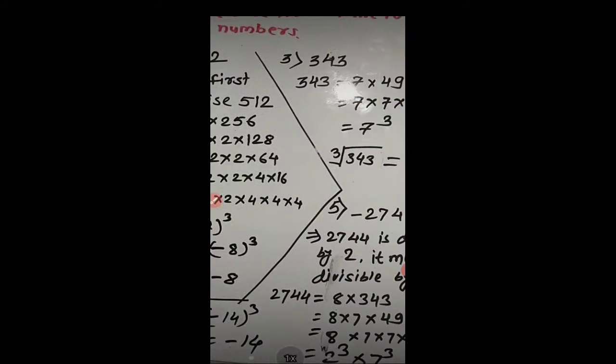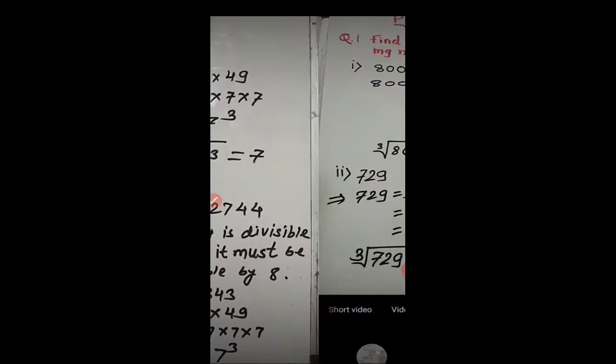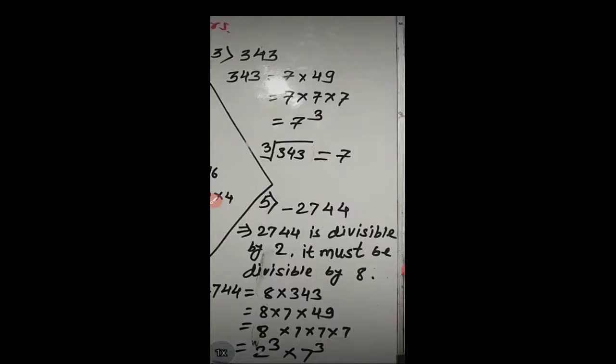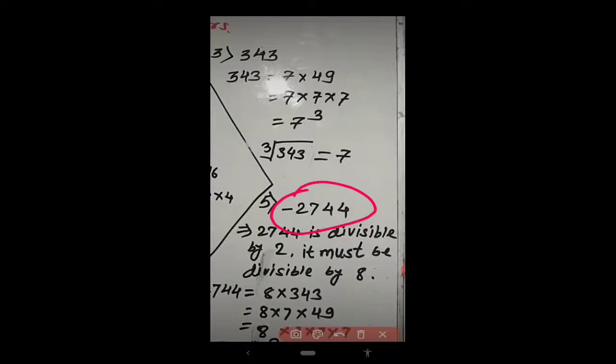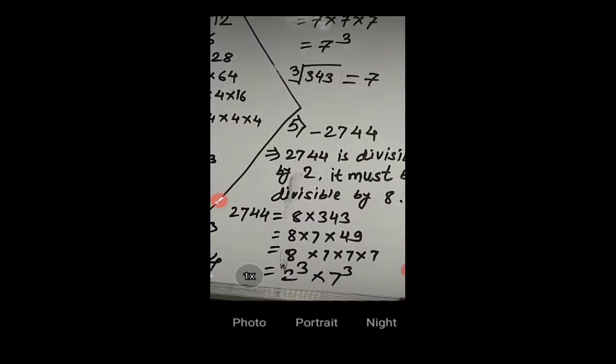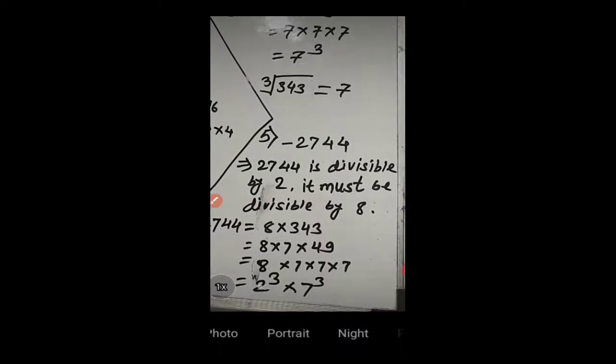Now question number 5, minus 2744. This 2744 is factorized as 2 into 7 cube, and it equals 14 cube.